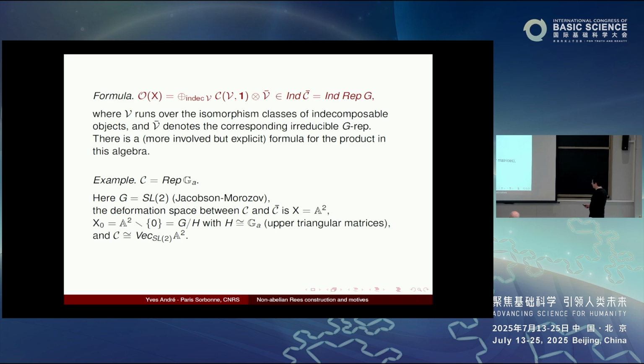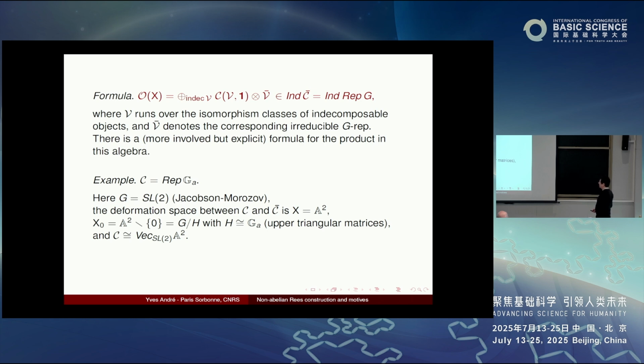So let me give a very simple example. C is the Tannakian category of representations of the group G_a, the additive group. Here, G is the group SL2. This is a version of the famous Jacobson-Morozov theorem.